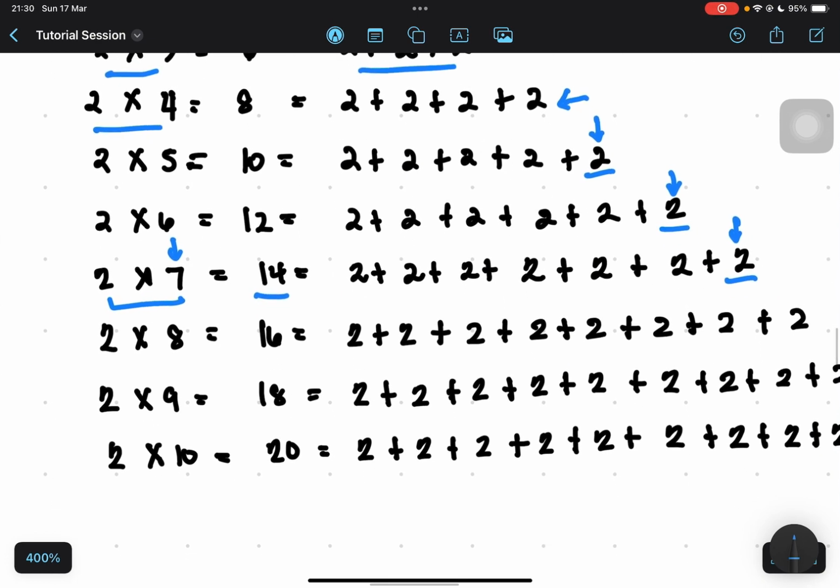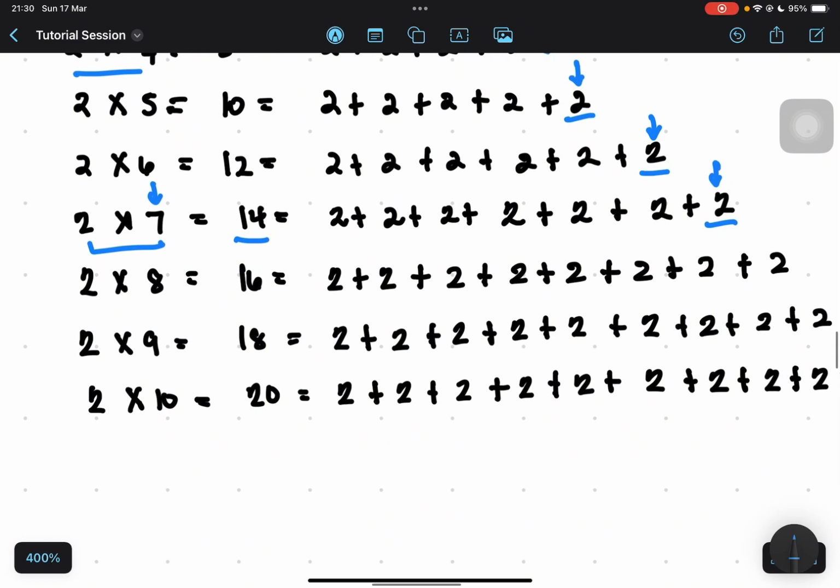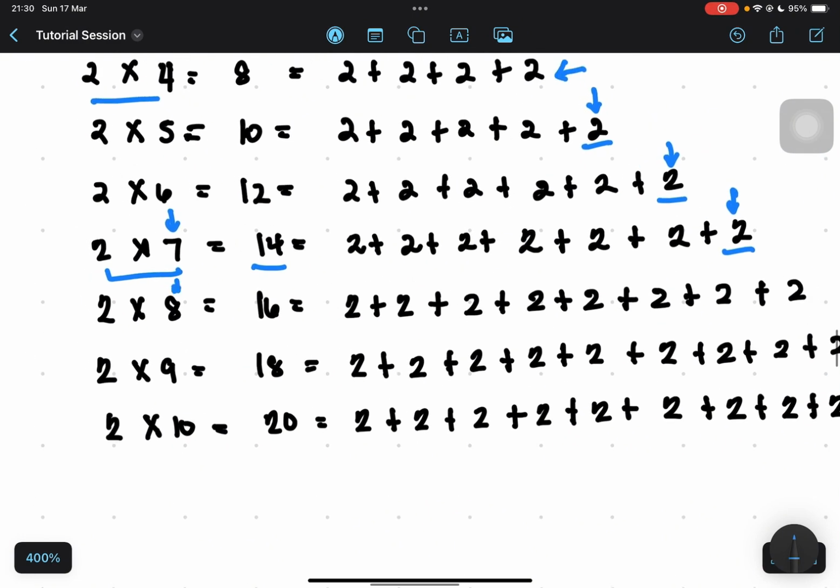So this 7 here is the interpretation of how many times we add 2. Then there are 8 times we add 2 repeatedly by itself. So it makes 16. That is 2 plus 2 plus 2 plus 2 plus 2 plus 2 plus 2 plus 2.